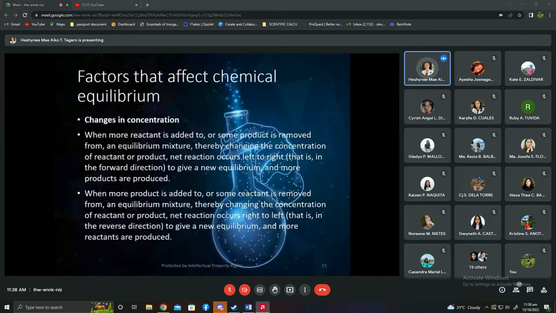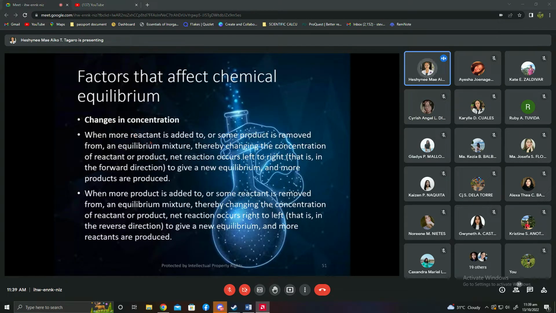So to reach equilibrium, the system will shift from left to right, consuming the reactants on the left side to form products on the right side.